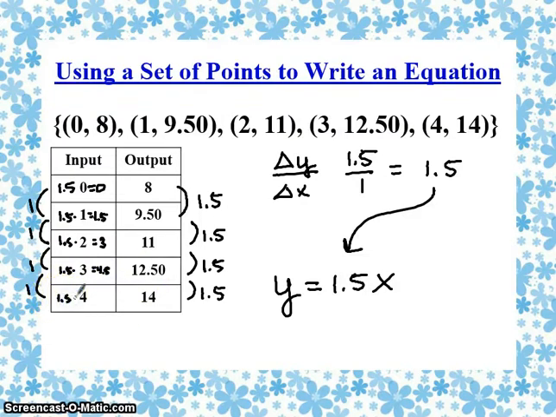And 1.5 times 4 is 6, not 14. So you can see that every time it has to increase by 8 more to match the outputs. So our equation is actually 1.5x, so multiply your x by 1.5, but then add 8 more.